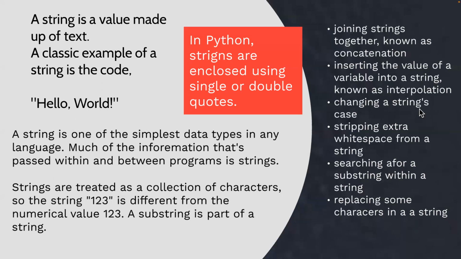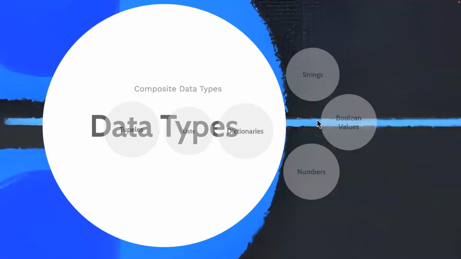And we're going to be getting into that in this course. Changing the string's case, we can do that as well. We can strip the extra white space from a string. We can search for a substring within a string or replace some of the characters in a string. And I know this whole slide is riddled with typos, but you can see here it's fresh off the print.